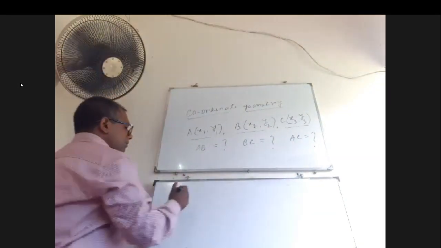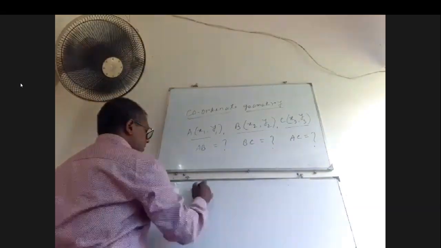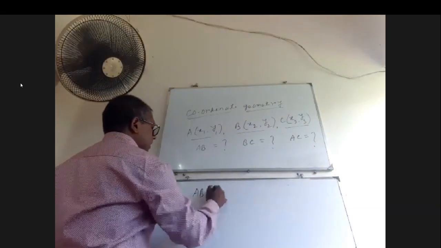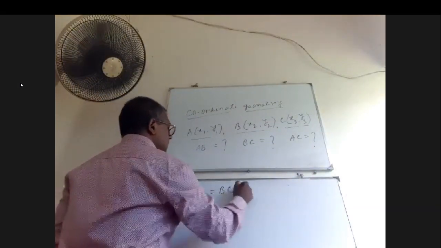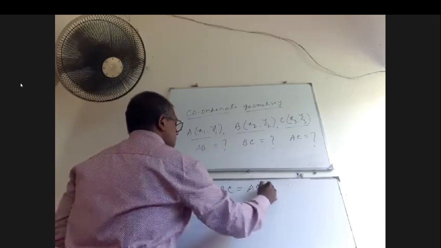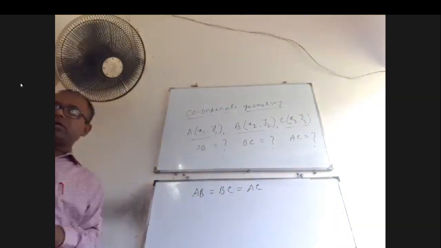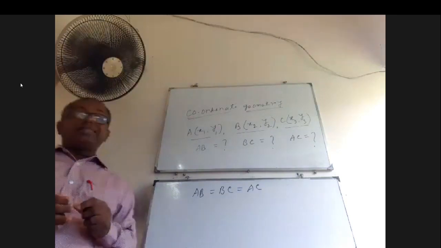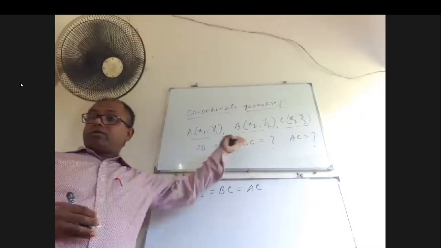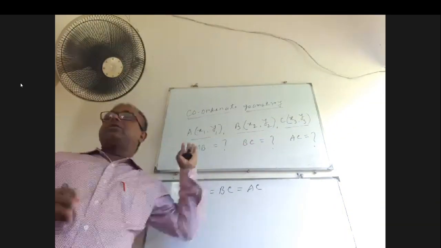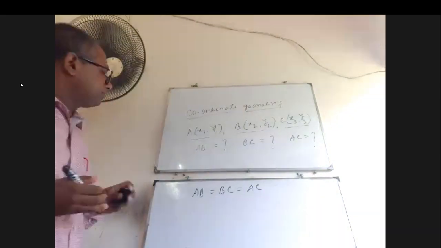If AB equal to BC equal to AC, then the triangle formed by these 3 points will be equilateral.